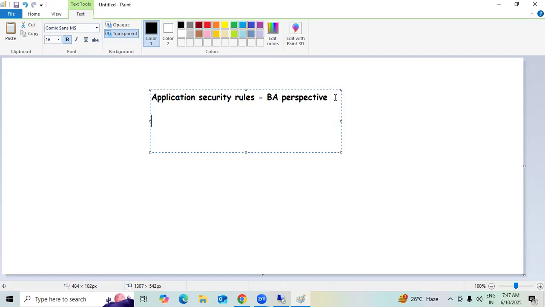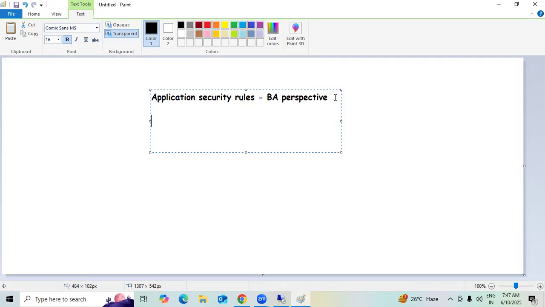So, as a BA, when we are working on security aspects, understanding and integrating security considerations is essential to incorporate in the business analysis process.